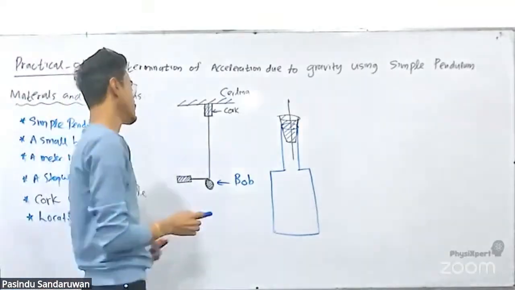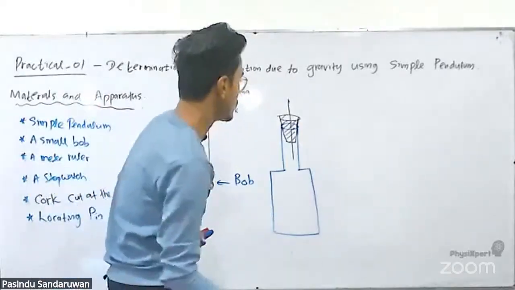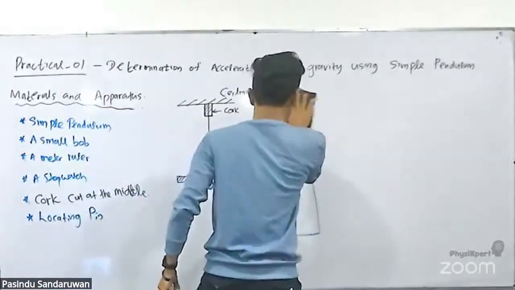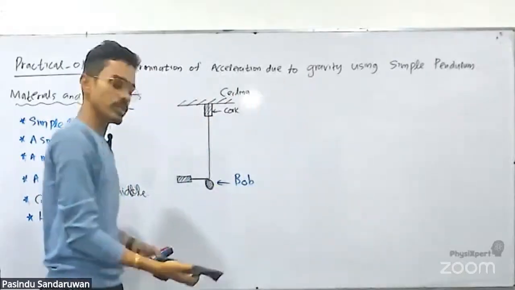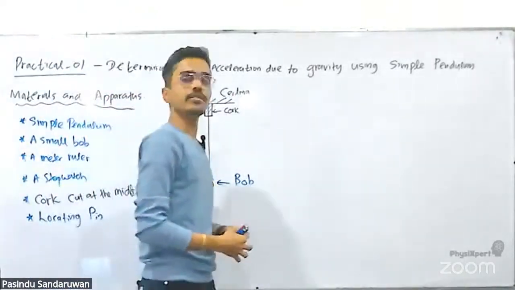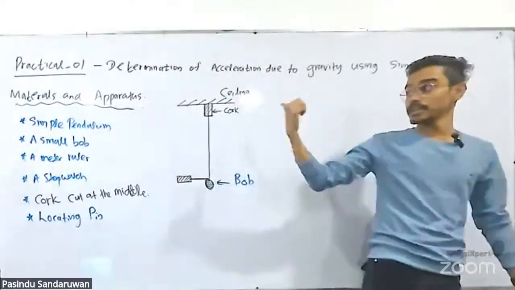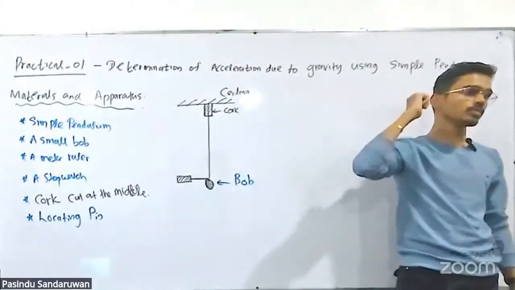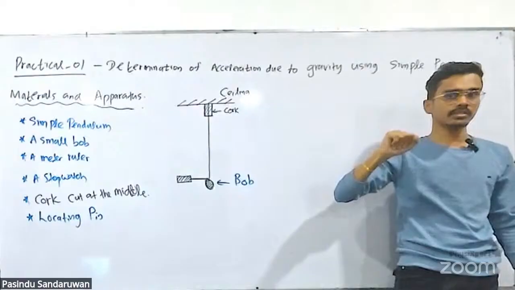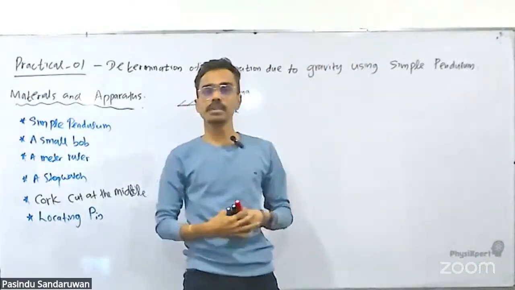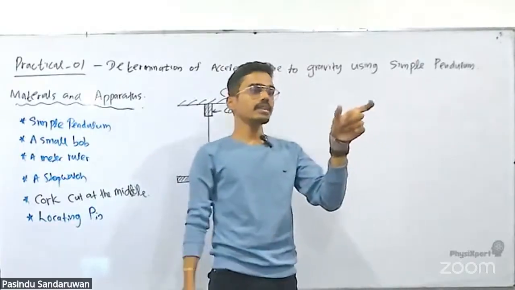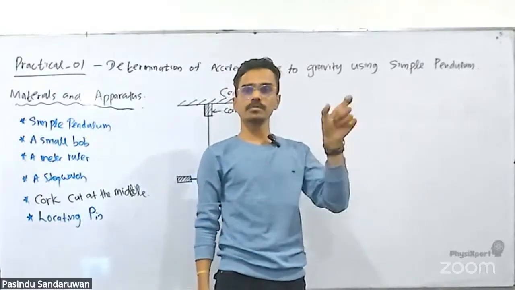Now what we are going to do is something like this. We have already proved one equation for the period of a simple pendulum in simple harmonic motion. That is a proved equation, but it is valid only for small angles, small oscillations, for the motion to be simple harmonic.